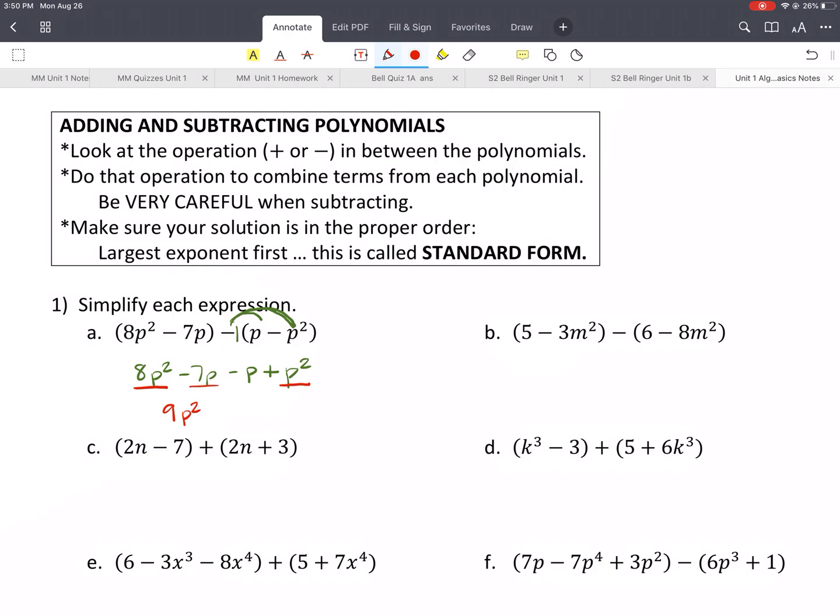Then we add the next highest exponent, and that would give us a negative 8p. And the next thing they say here is make sure your solution is in the proper order: largest exponents first and down to the smallest, and that is called standard form. So here we have the highest exponent, the p squared, and then a p, and that's it.